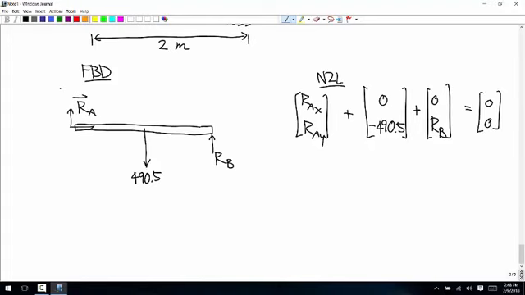And the moment equation, I'll use this as the about point. This is acting 1 meter away from the about point. And that would make a clockwise rotation. So we have negative 490.5 plus 2RB is equal to 0.